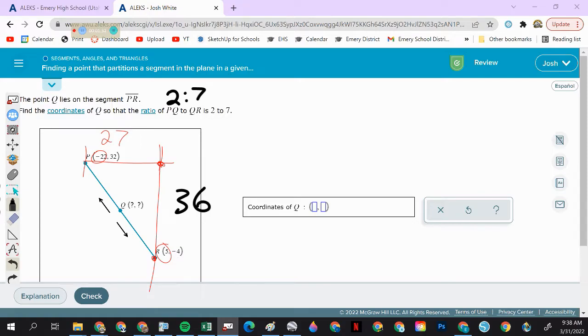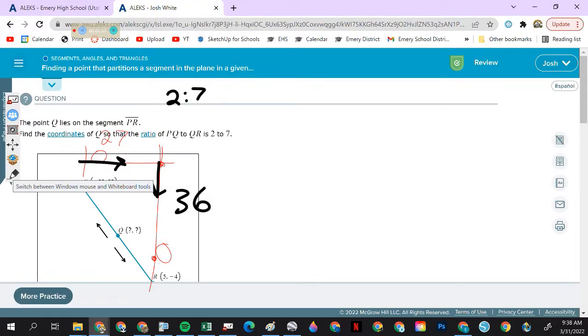Okay. So where is Q? Well, it has to be 2/7 of this and 2/7 of that. Does that make sense?